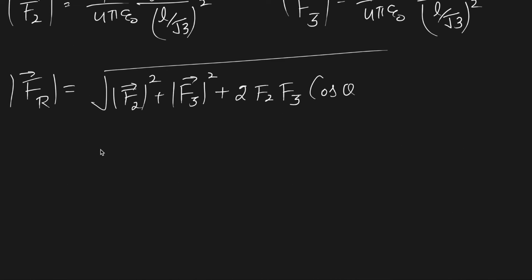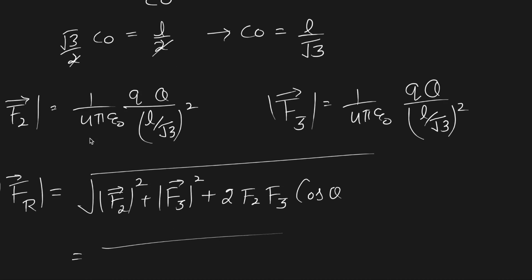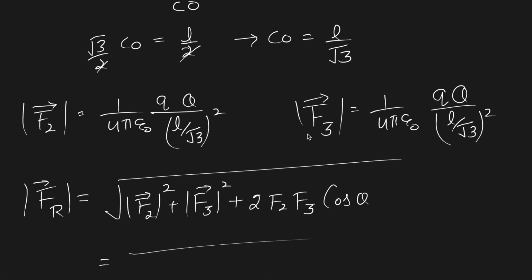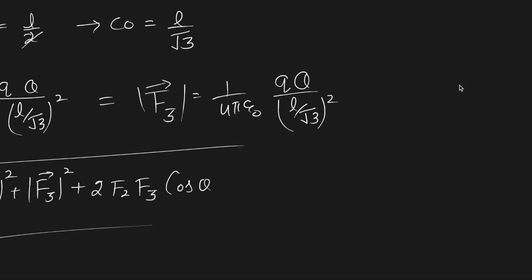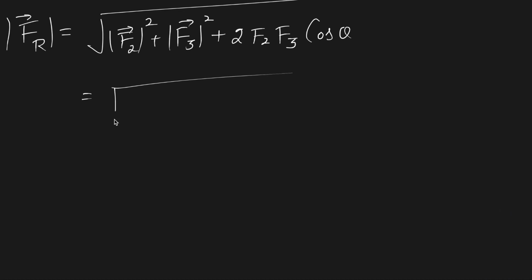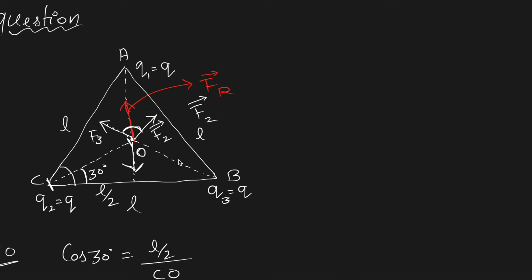If we solve this expression, because F2 and F3 are equal in magnitude, I put it as F. Then F squared plus F squared plus 2F squared cos theta. Cos theta is interesting to find out.